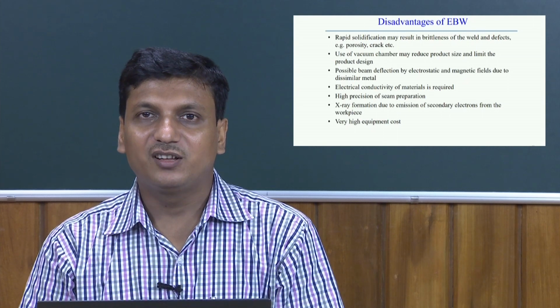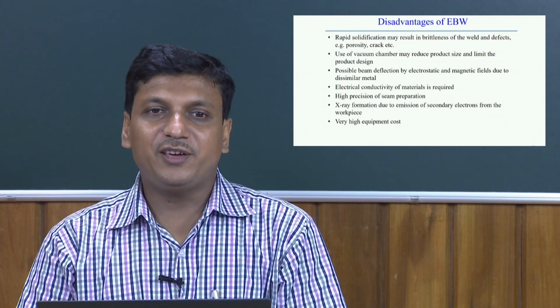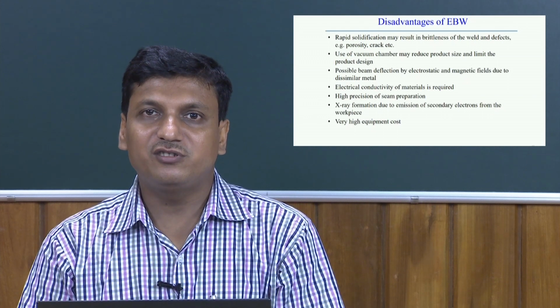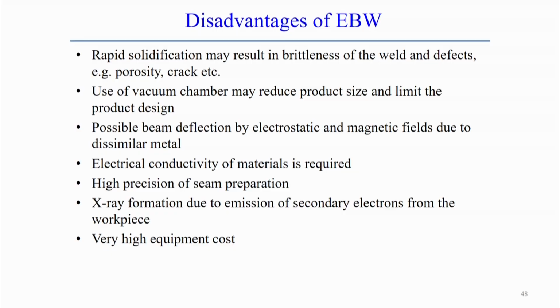Another point is that X-rays form during the emission of secondary electrons from the workpiece. That is another consideration during electron beam welding that is absent in other welding processes, and it is one of the important disadvantages.